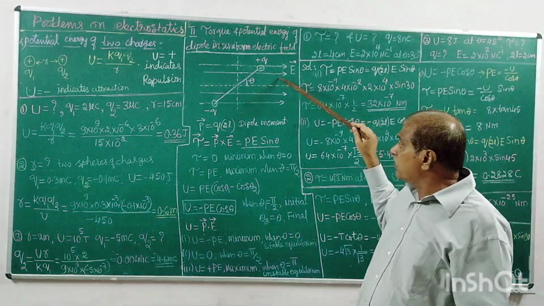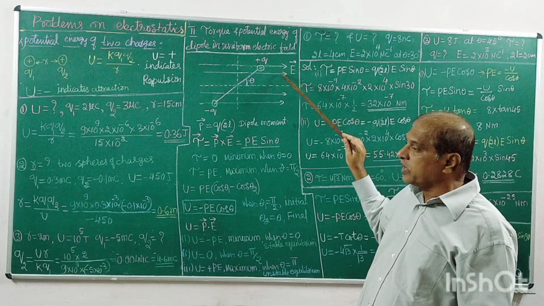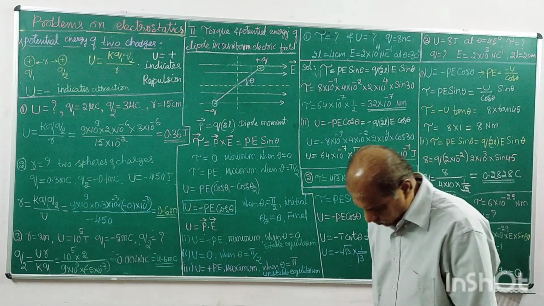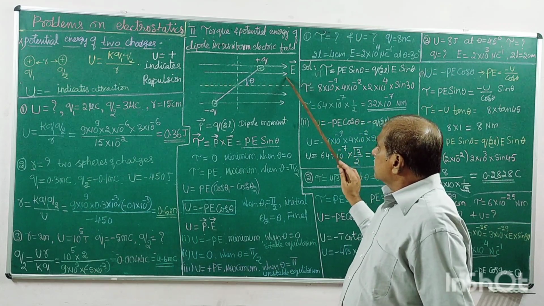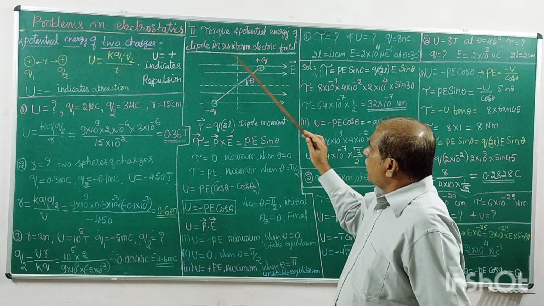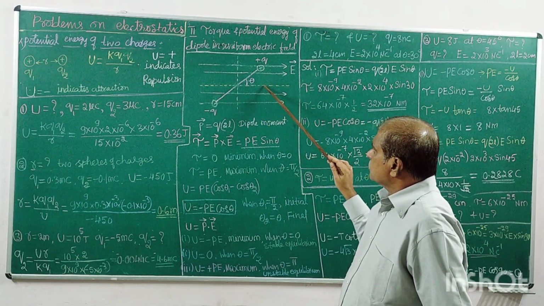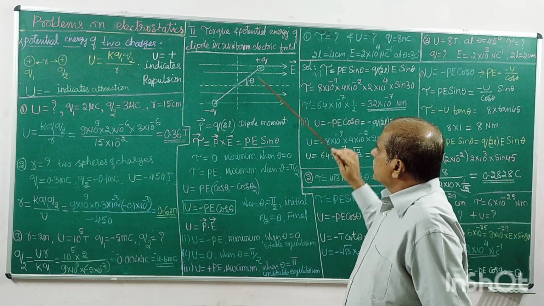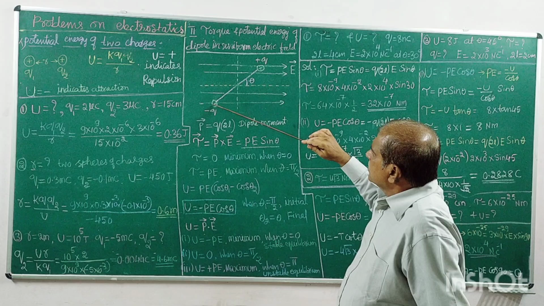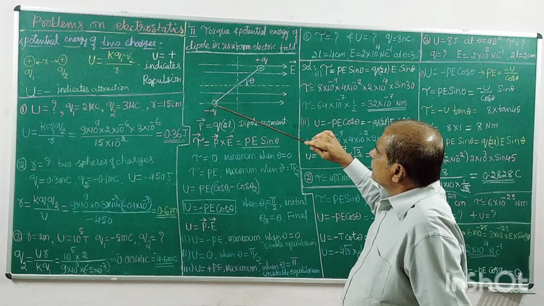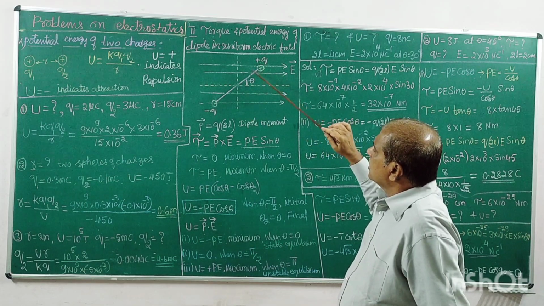What happens? Uniform electric field means that the electric field strength remains the same at all points in space. So the electric field intensity at this point remains the same.